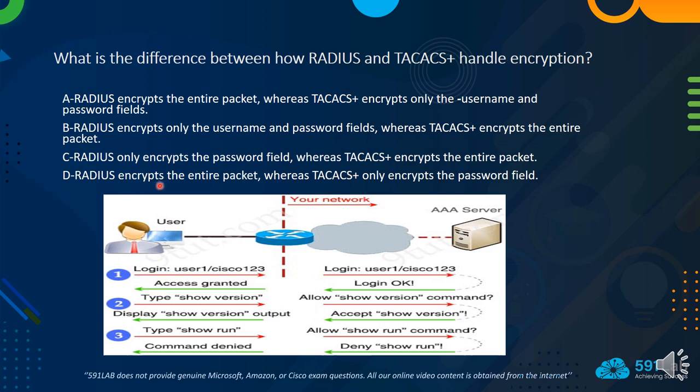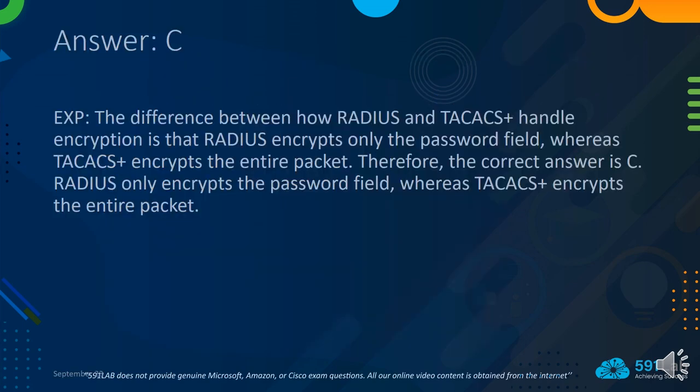Option D, RADIUS encrypts the entire packet, whereas TACACS+ only encrypts the password field. Guess the answer. The answer is C. The difference between how RADIUS and TACACS+ handle encryption is that RADIUS encrypts only the password, whereas TACACS+ encrypts the entire packet, including username and password. So the correct answer is C. Let's go to the next question.